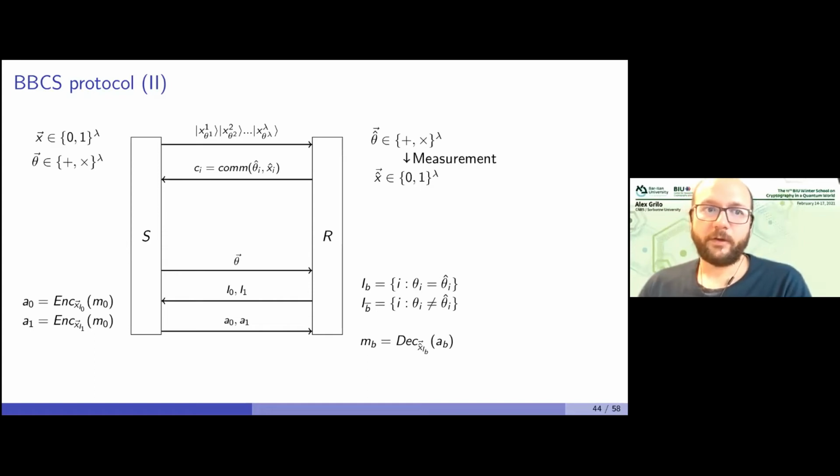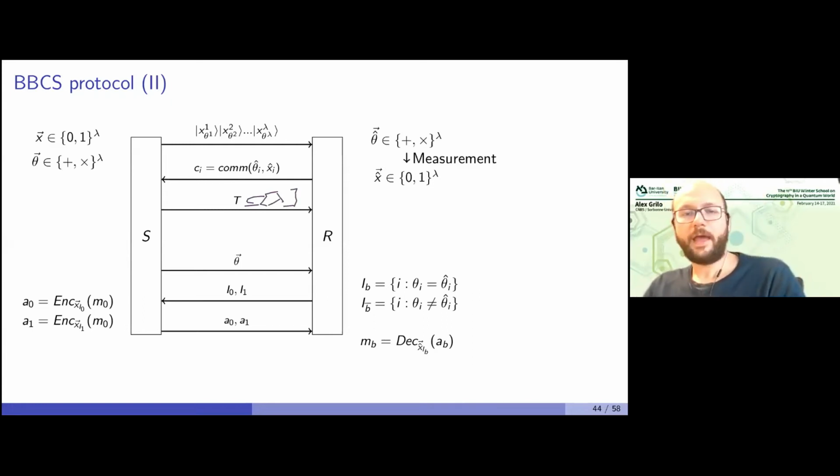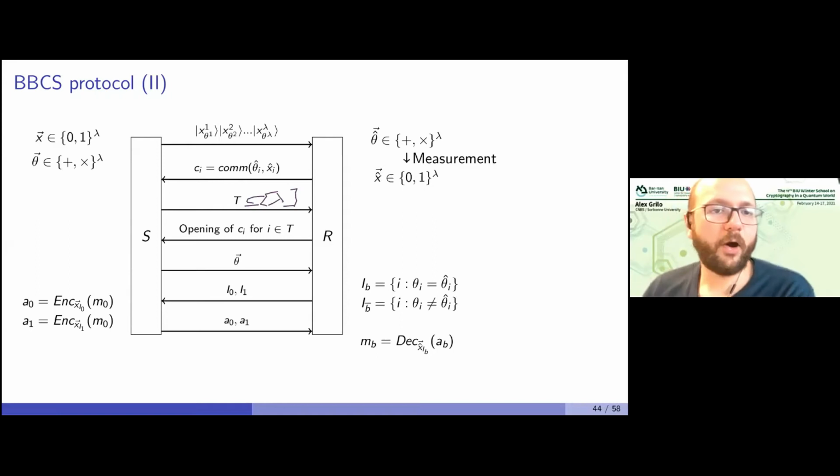Then, in order for the sender to be sure that she indeed committed to the right basis and measurement, the sender just sends a random subset T of lambda, let's say of size lambda over 2, and the receiver should open the commitments for every i in T, so for every pair of basis and outcome.